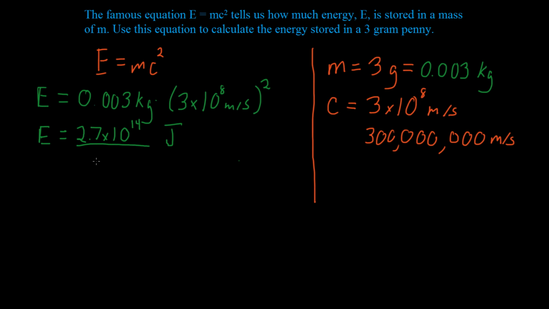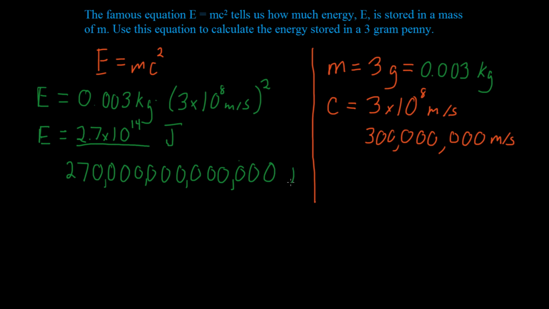Now with this answer, we have to leave it in scientific notation. If we wanted to write it in decimal form, we would have to take that decimal and move it over 14 places to the right. So I'm just going to write it out to show you why we use scientific notation. And this would be our value.